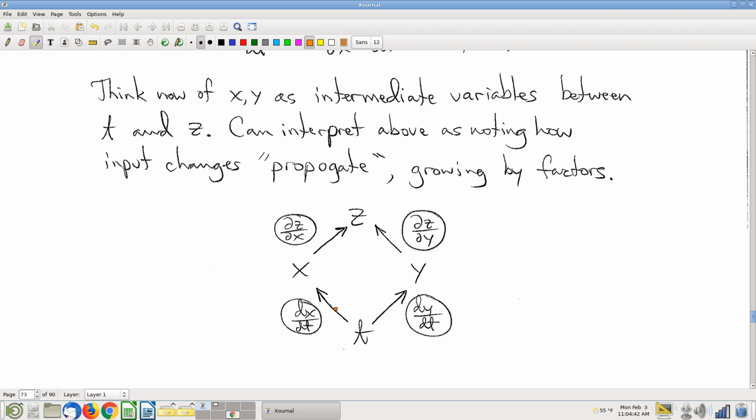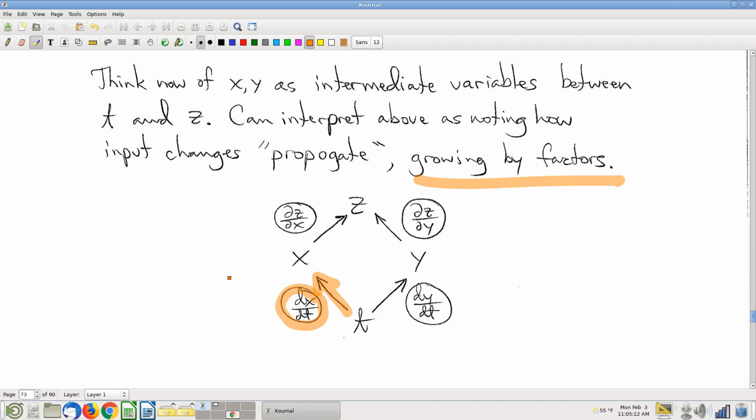The answer is the change gets magnified by a factor. That factor is the partial derivative. Well, there's only one input variable, so that's the derivative. That's what dx dt is. It's the factor that tells you how much these changes get magnified by to turn into those changes. That's single variable calculus. Okay. So I'm going to say that in going over that arrow, we get a factor of dx dt.